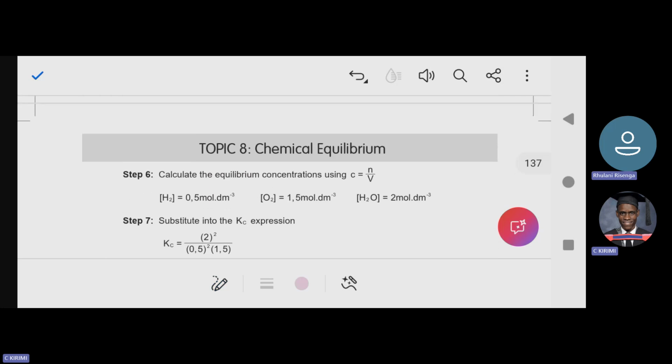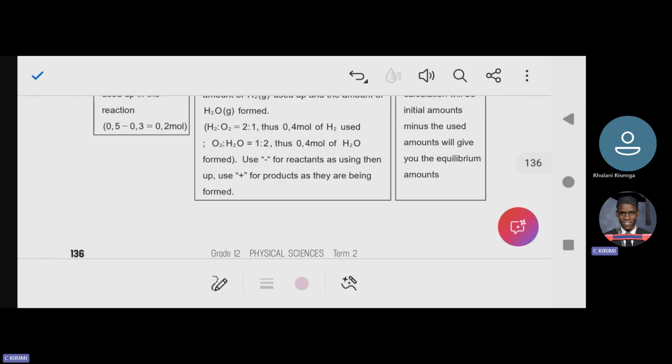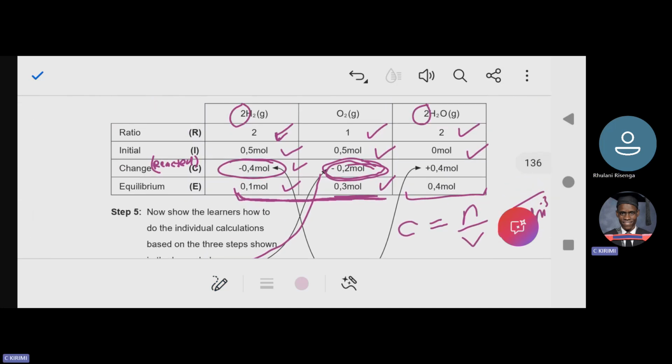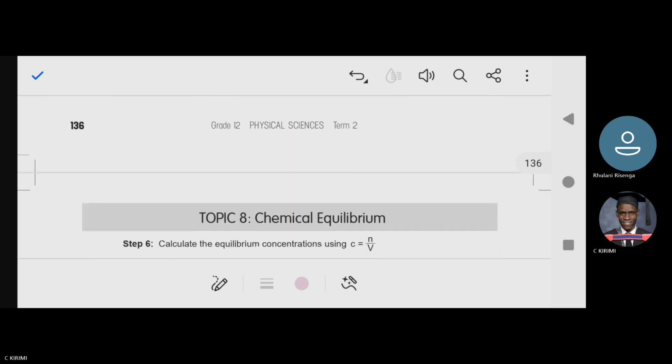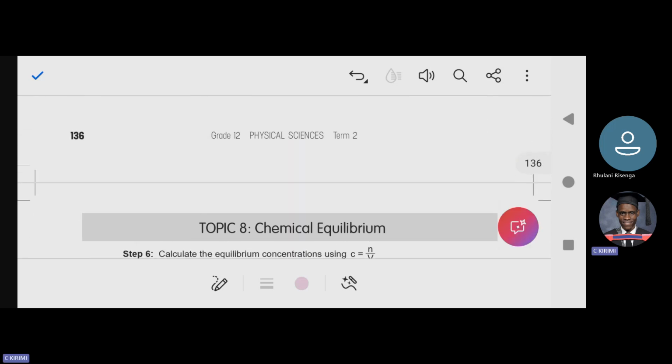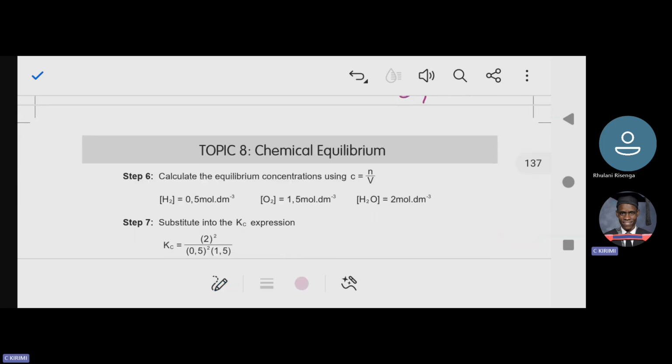The number of moles for hydrogen was 0.1. So 0.1 over 0.2, this is just half, which is 0.5 moles per dm³, which is correct.